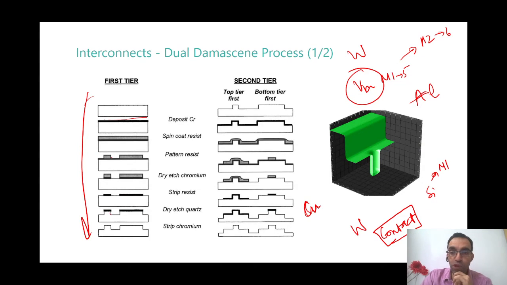This is the physical property of copper versus aluminium. Ductility. Copper, you can make much thinner wires. And as you go to more advanced geometry, you wanted thinner wires. Additionally, copper is less resistive than aluminium. If you are making a thin wire, its resistance would increase. But by going to copper, you could reduce the resistivity also.